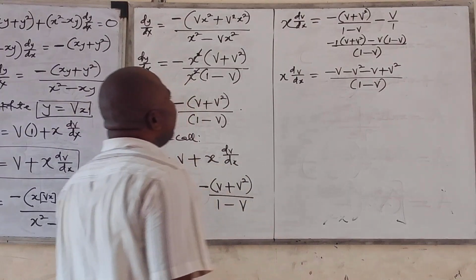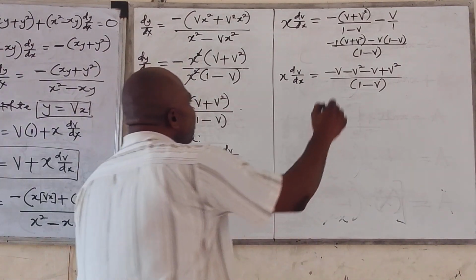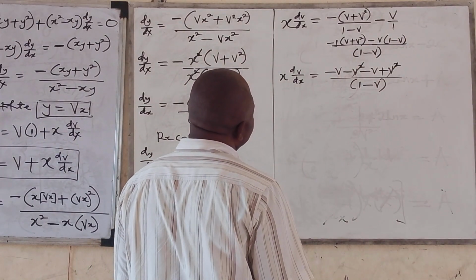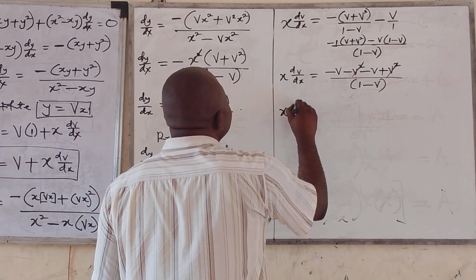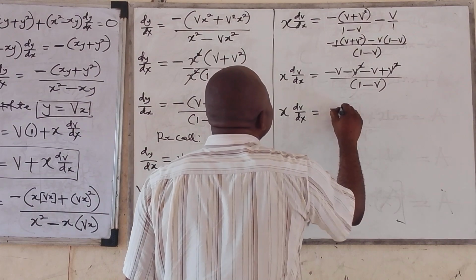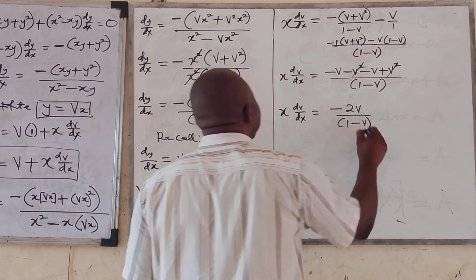So this minus v squared will go with this plus v squared. So it means x dv/dx will be equal to, so here we have minus 2v all over 1 minus v.